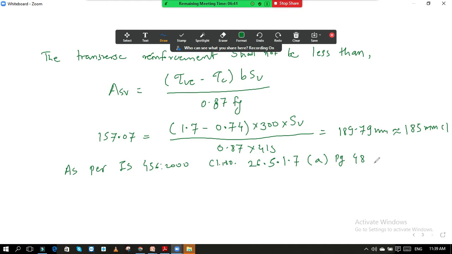Okay. The spacing should not exceed the following. Okay. So now in our case we will calculate x1 y1 now.